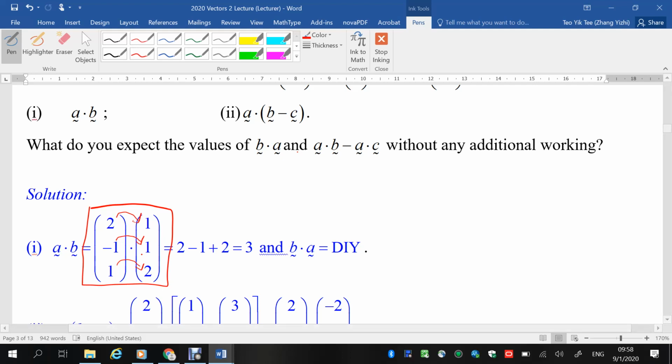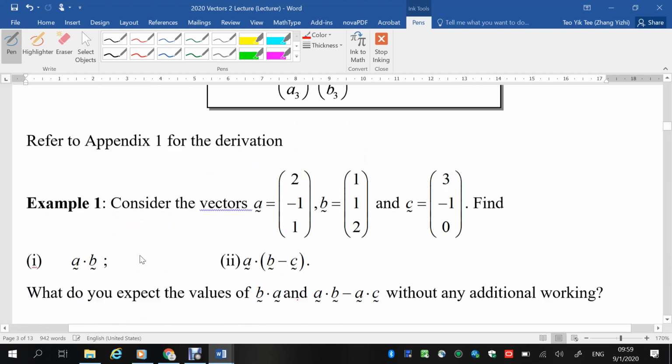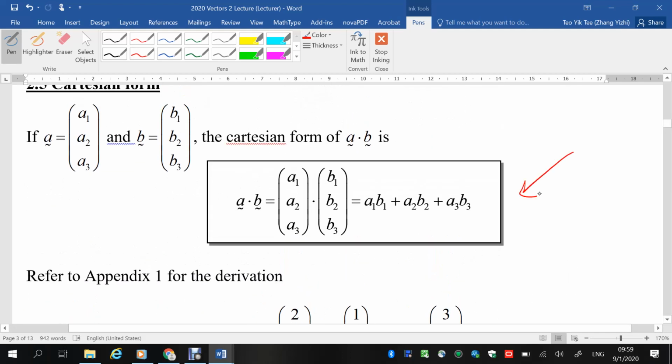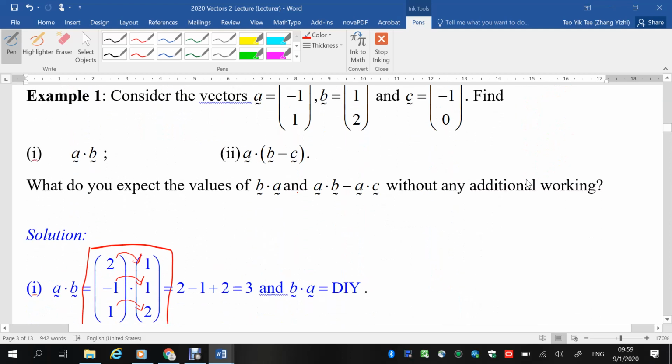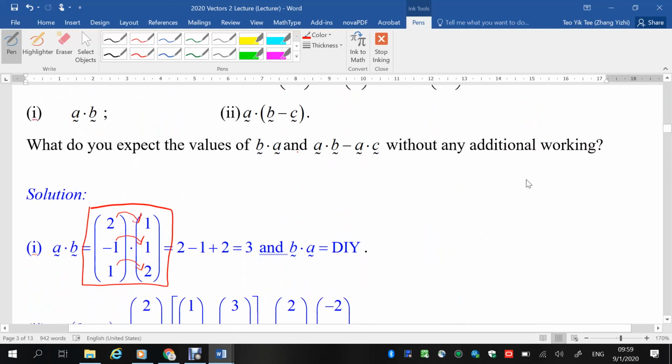If you don't know what I'm talking about, look at the formula up here. It's given in A1, A2, all these things. If you follow me, it's just 2 times 1, the first row, multiply together, plus second row, multiply together, plus third row, multiply together. This is your process for your dot product numerically.